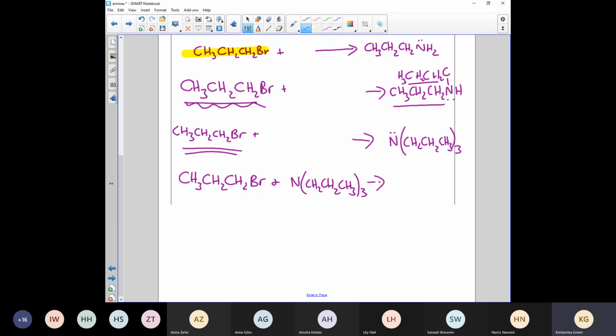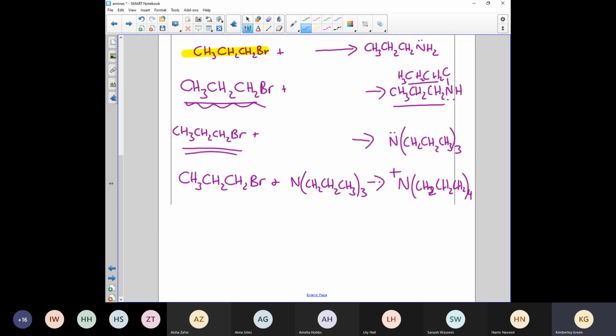And then this time there's no hydrogen to be lost, but the R group can sit on our nitrogen. Our nitrogen is using all its electrons to bond. It normally only likes 3 bonds. This time we've got 4, so we create that positive ion, that quaternary ammonium salt.